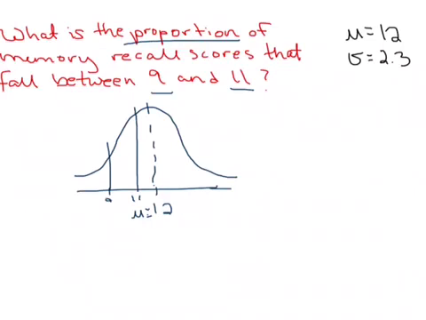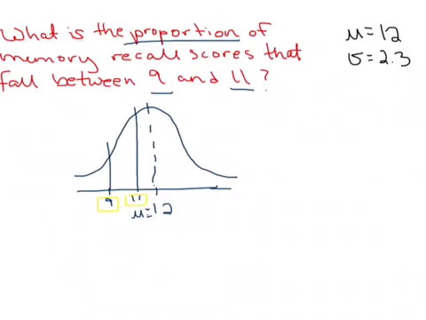So we're going to be looking specifically for z-scores for 9 and z-scores for 11, because we can't get a proportion without a z-score. That means you're going to have two different equations: a z transformation for a score of 9, and a z transformation for a score of 11.